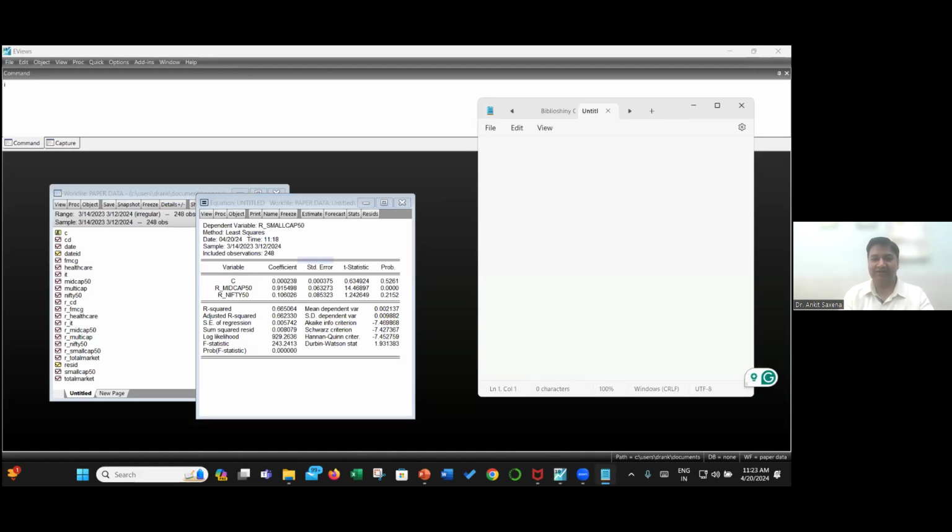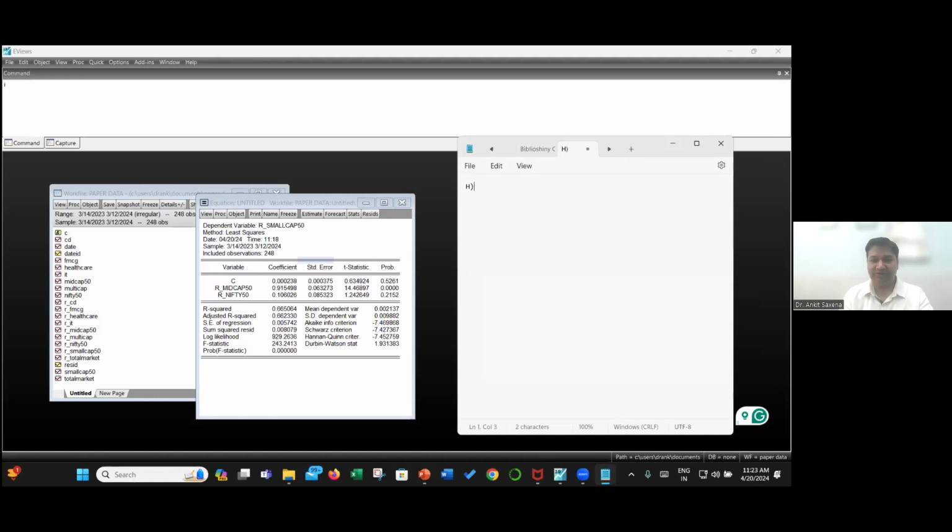The very first thing is I will make a hypothesis. I'll say there is no significant dependency of the dependent variable, that is R small cap 50, on the selected independent variables, the IVs. I'll just write it shortly.